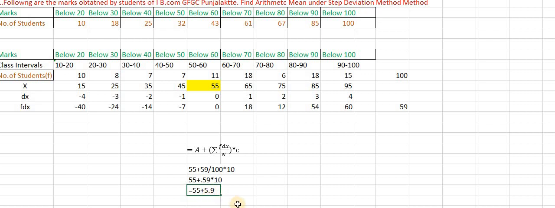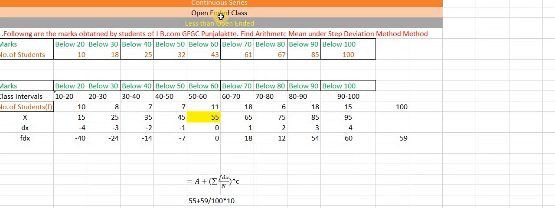So the answer is 60.9. So the average or arithmetic mean marks of the given students is 60.9. So this is how we calculate arithmetic mean for open-ended class intervals in continuous series.